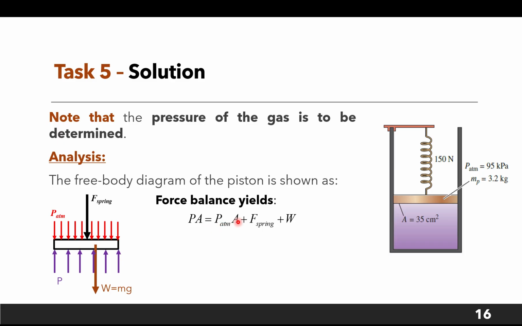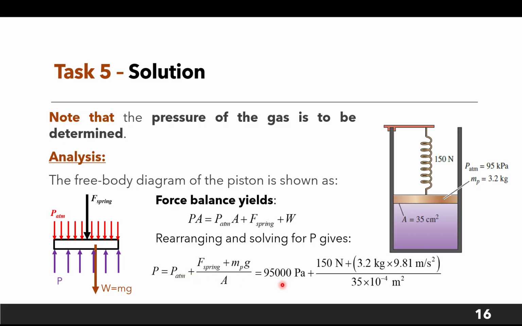So P_ATM times A plus the spring force, okay, the spring force plus the weight. So if we rearrange for P, we end up having this, okay? Are we following? Remember, it's PA over A, so that's why it's cancelling out, all right?